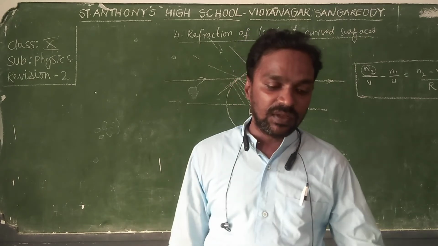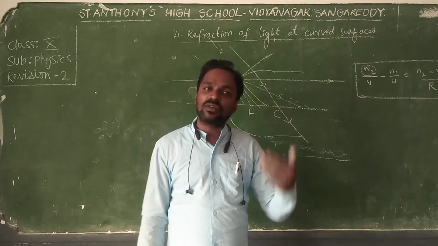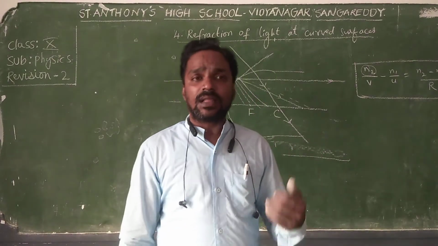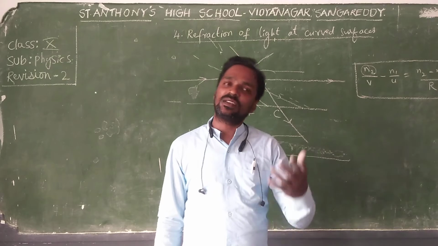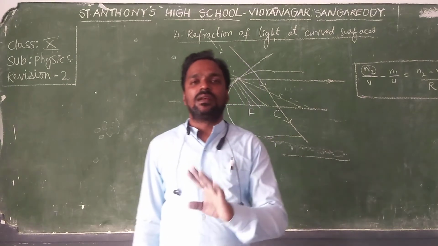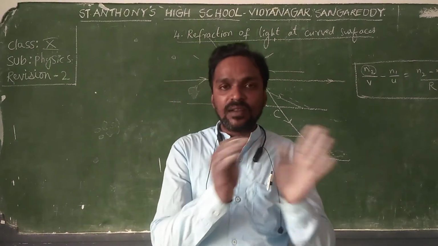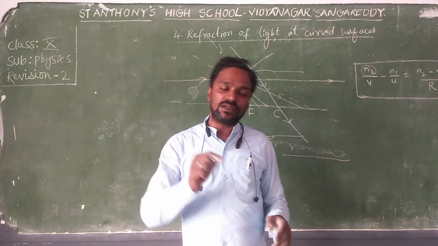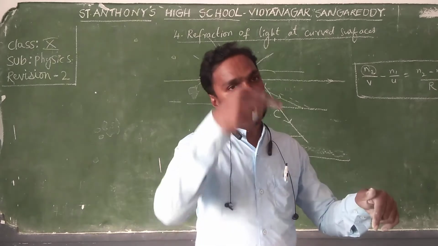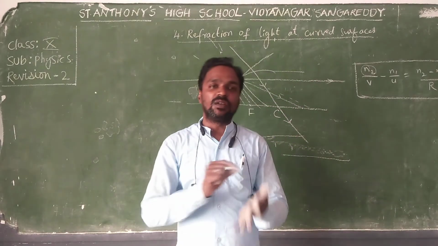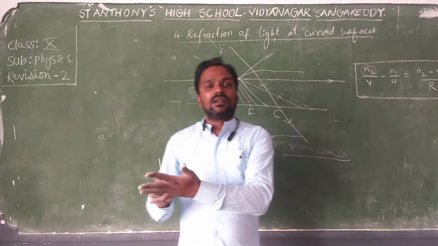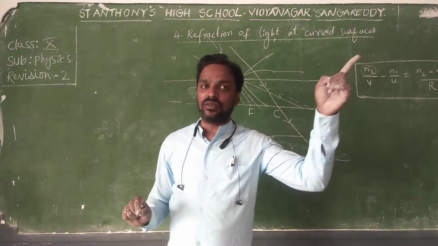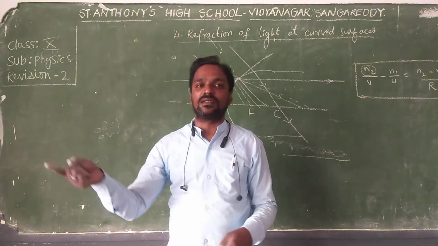After that we have some example problems you should solve in your textbook. Do it one time, second time, third time. Don't think that the same values will be given. If the same question comes, the values may be changed. Without reading, if you write the same answer that is in the textbook, but the values are changed, the answer will be different.